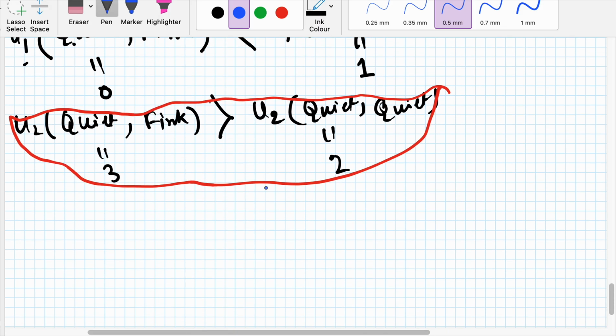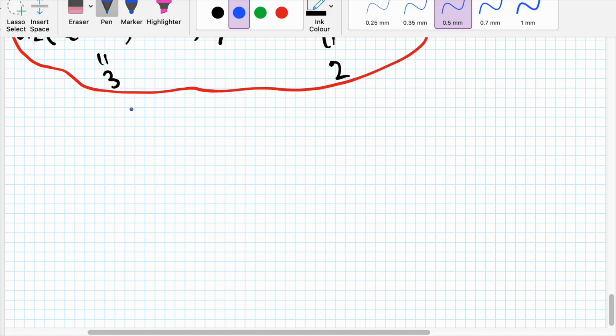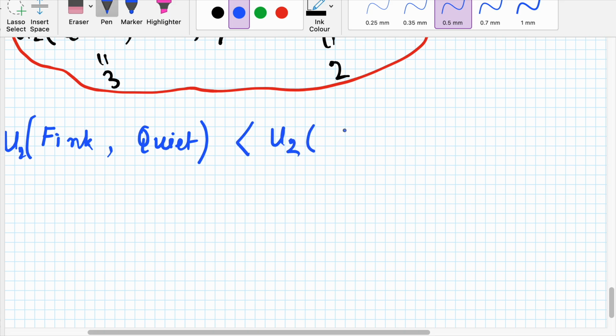Now again, the last option remains. It is similar to the one we described. Suppose player 1 finks and the other, player 2, remains quiet. Here also you see that the utility of player 2 is such that she will always want to change her strategy from quiet to become fink, because that will yield her a better payoff.